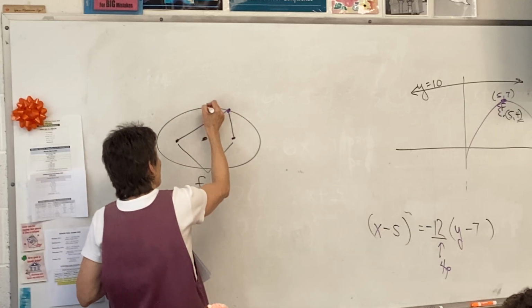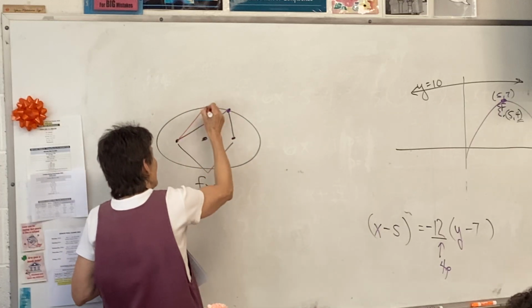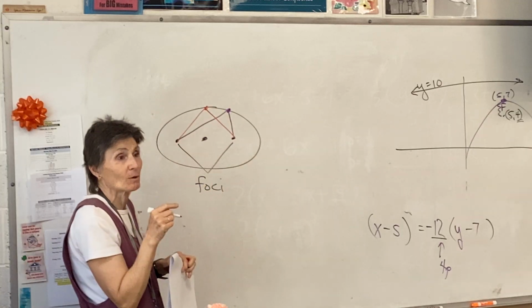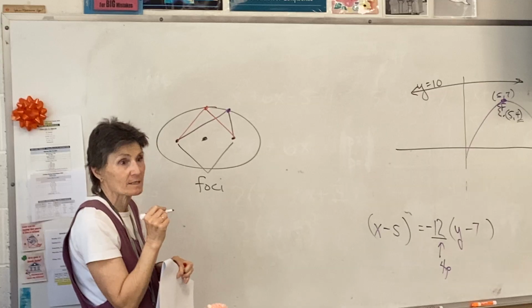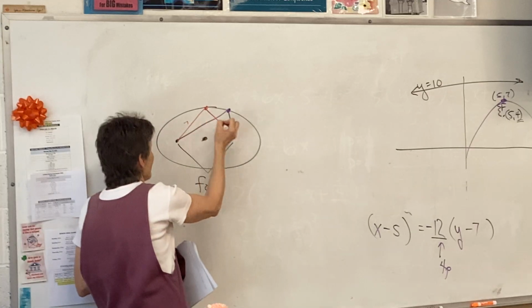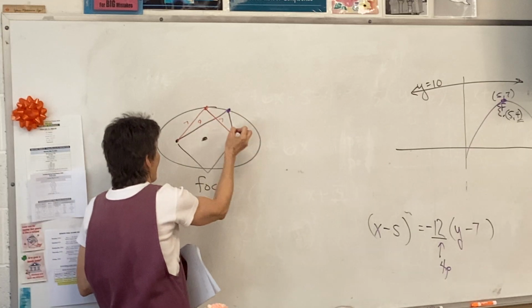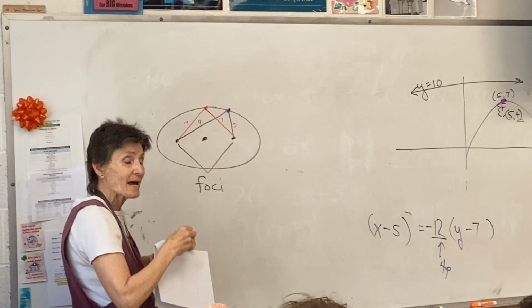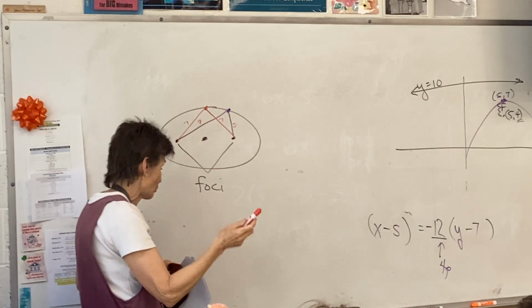So if I put the point right here, those red ones add up to be the same number as the purple ones. So if these are both 7, then this one's 9 and 5, something like that. They add up to be the same number. That's what it means in terms of the definition.